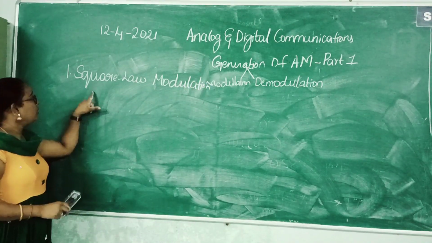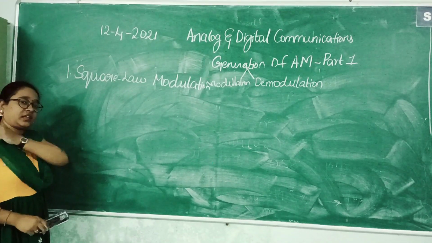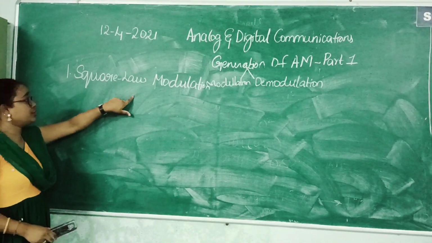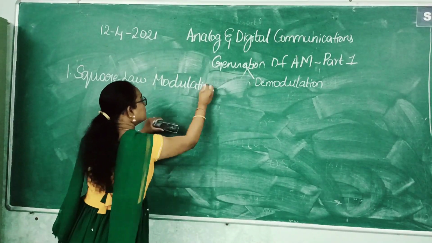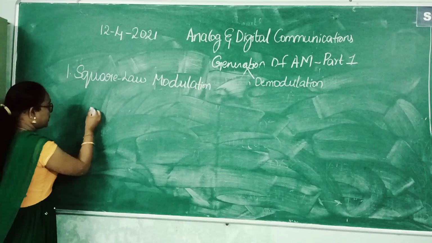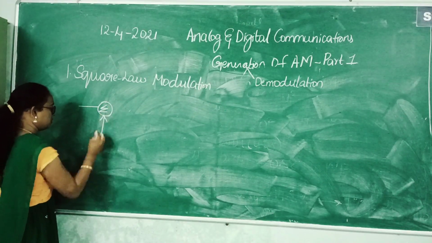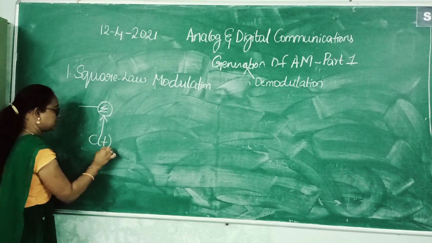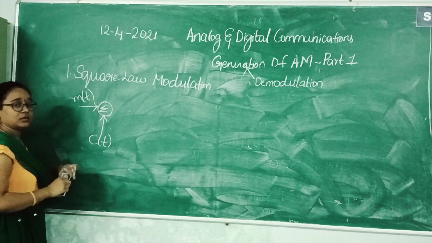So square law means non-linear device, a non-linear equation concept we are going to use for square law modulation. Coming to the diagram, this is the carrier frequency and the message signal we are applying to the summer.